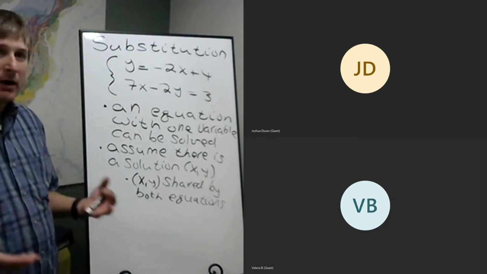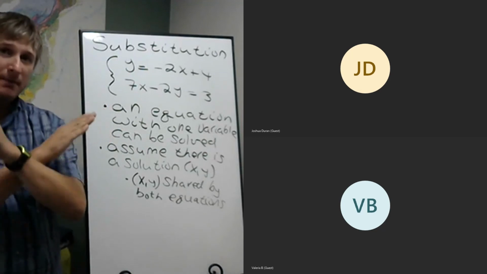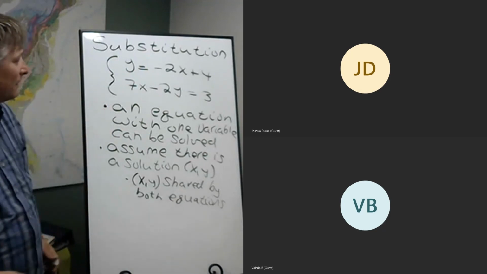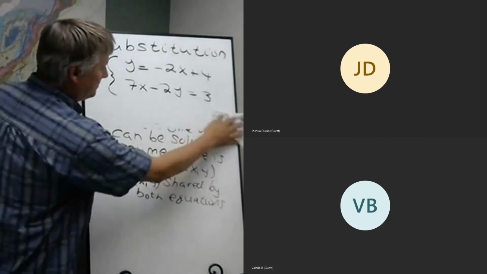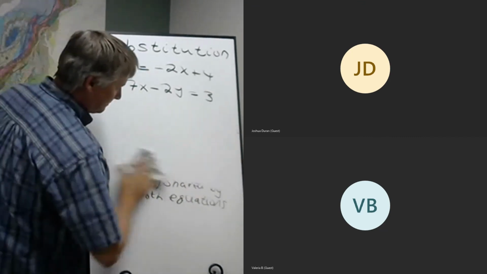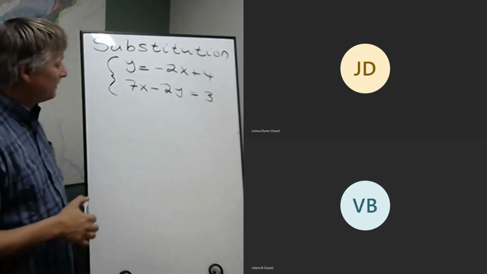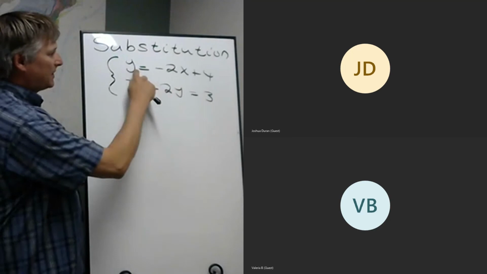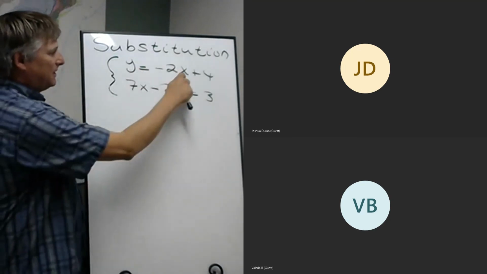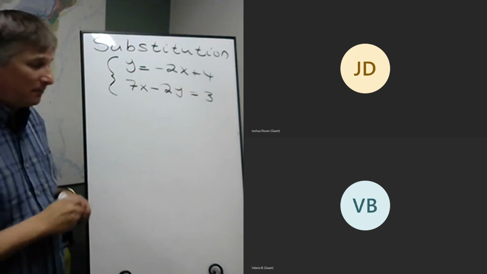In other words, where these two lines, if they do cross each other, they'll cross each other at the same point, x, y. So that assumption allows us to say that at that point where there's a solution, these are the same y's and these are the same x's. Now, this is really helpful.